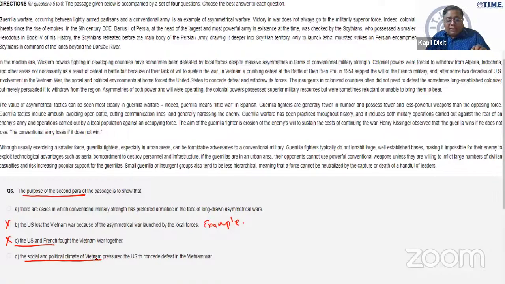The social and political climate in the US pushed the US into conceding defeat. The US's own climate made it concede defeat, not Vietnam's climate. So the answer is A. Plain simple elimination, nothing else. I should know what I'm reading. If I'm reading an example, that's not the purpose. If I'm reading US and French focus, then again, this is not the purpose.